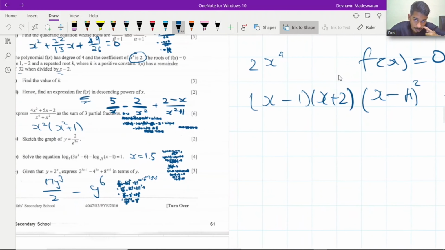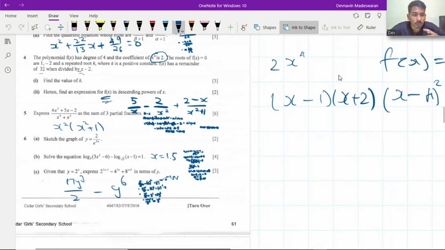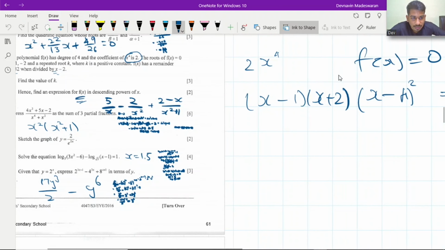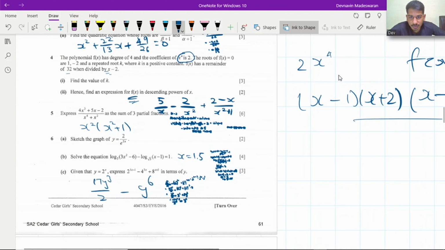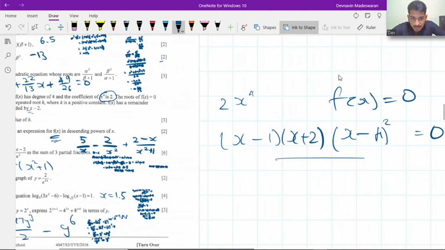Okay, so when you sub in f(x), what happened here is we have to divide it by 2. What do I mean? This f(x) has x to the power 4, maybe 3x cubed, and then 1 equal to 0, something like that.